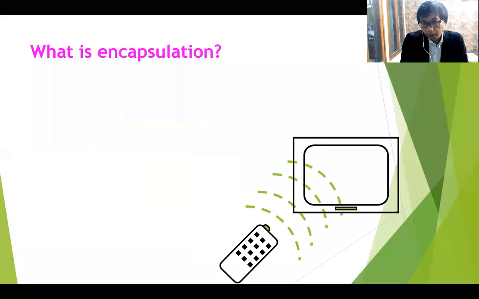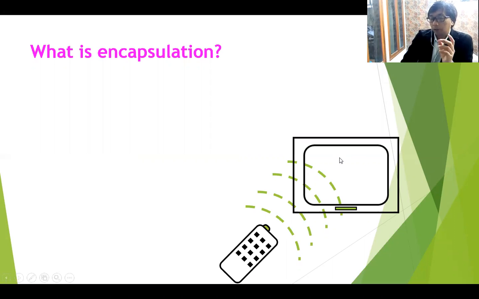In general, the encapsulation process is like this example. We have a remote and we have a television. A remote can only tell the television to turn on or turn off, to increase or decrease the volume, or to switch the channel, or something else.